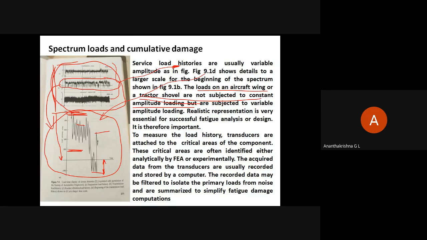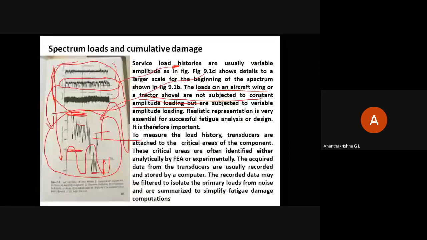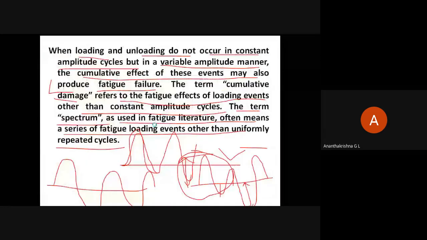Sometimes it will be maximum, sometimes minimum. So the amplitude of vibration is not constant but variable. What will happen to fatigue failure under such circumstances is what we are going to learn in module 4, fatigue from variable amplitude loading.